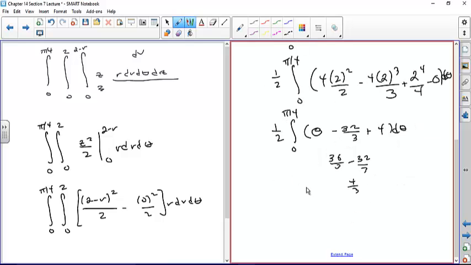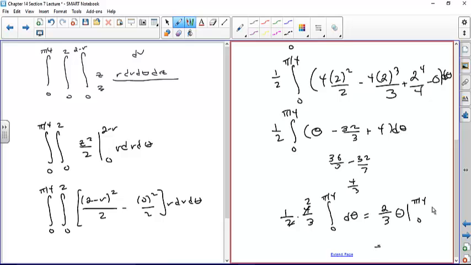Okay, so then we integrate with respect to theta. We can bring the 4 thirds out. You have the integral from 0 to pi over 4 of d theta. The integral of d theta is just theta. So you get 4, well, this cancels out that, so we get 2 thirds theta evaluated between 0 and pi over 4.